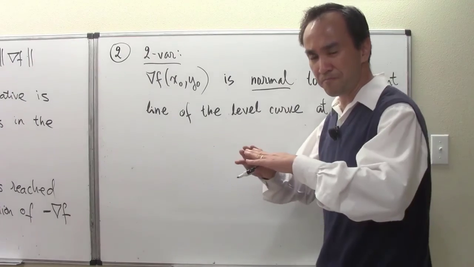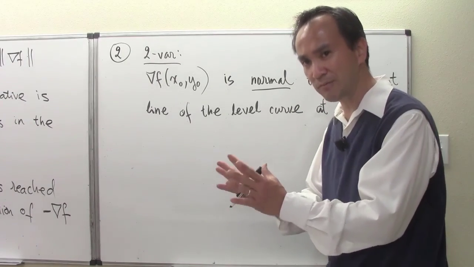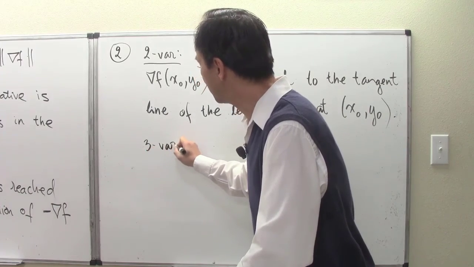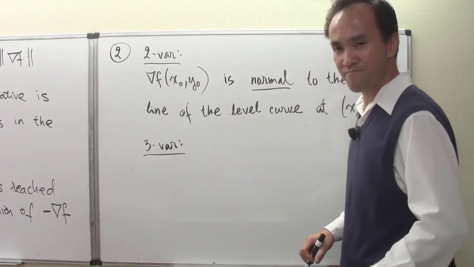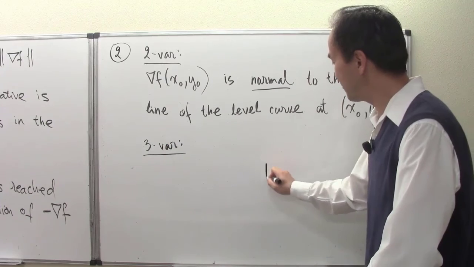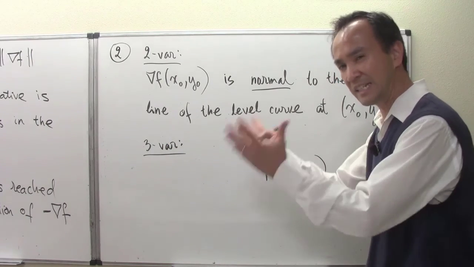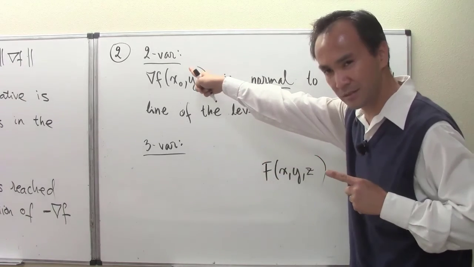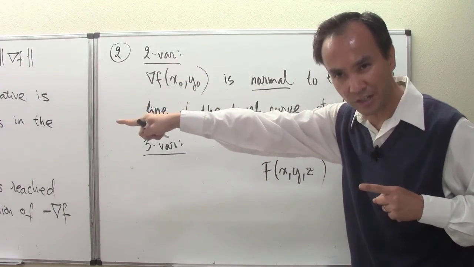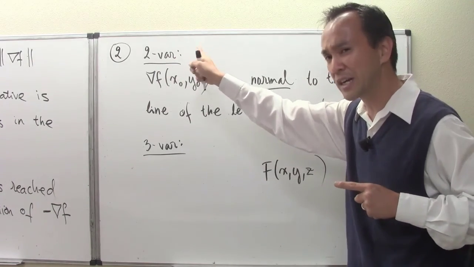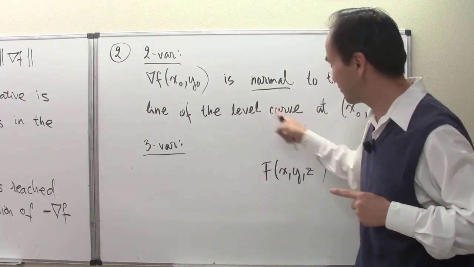I don't have software strong enough to do the demonstration, but think about extending to the case of 3 variables. If you have a function f of x, y, and z, the gradient vector relates closely to the level curve, which was for 2 variables.